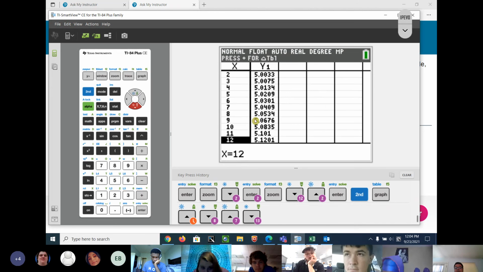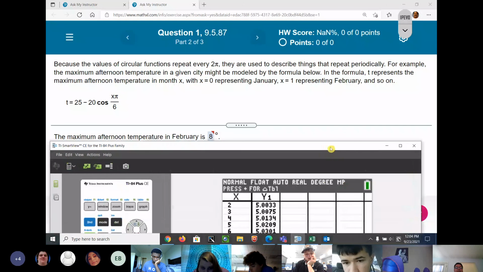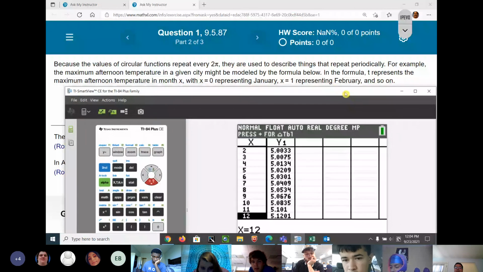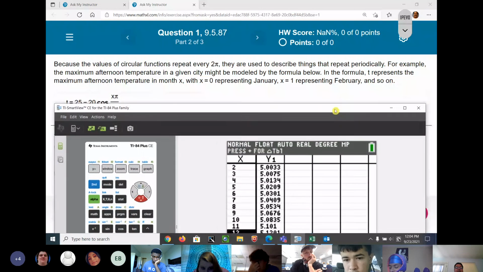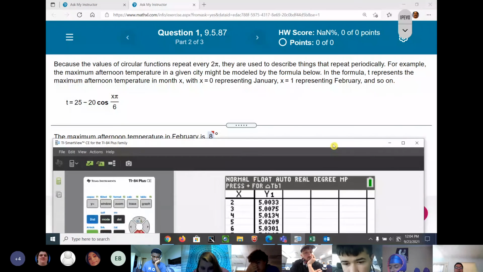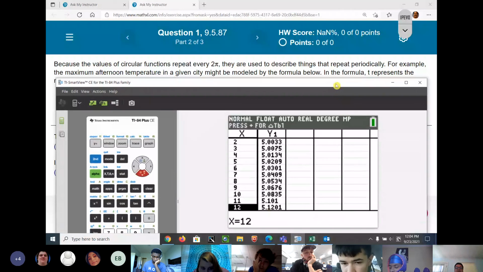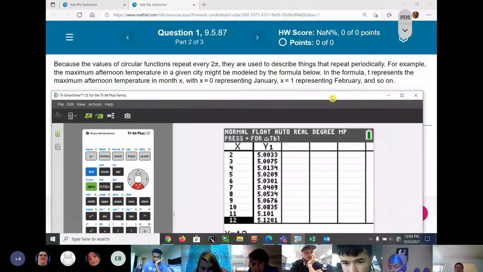So I don't know, is that what they're wanting? Let me see what they're wanting again. The maximum afternoon temperature, and it says X is equal to, now do we not have something incorrect? Because they're getting 8, and I don't see anything that says 8.